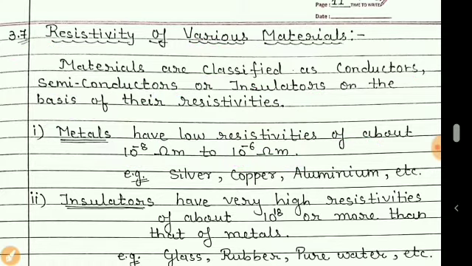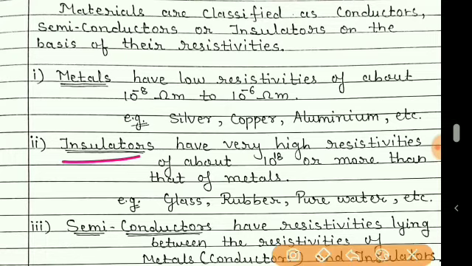In insulators, resistivities of this type of material is of the order of 10 raised to 18. You can see the power is positive, means the value is very large. When the power is negative, the value is very less. So here as the power is positive and see it is 18, so it is a very large value.